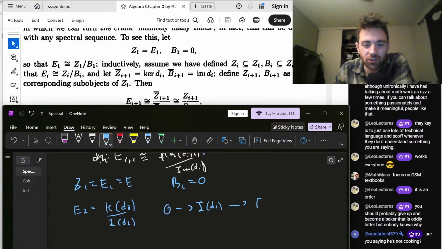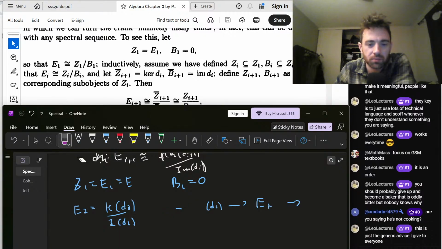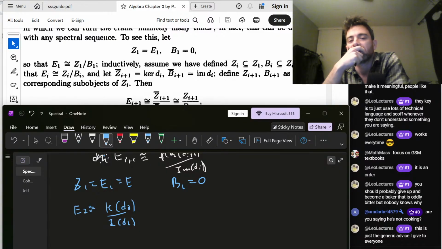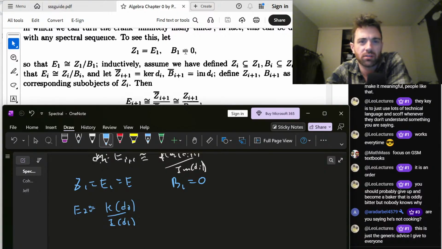Well, I can put this in a short exact sequence here. Right. Wait a second. No, what am I doing? No, I mean, this is just a definition. Wait, what is d2? What am I saying?